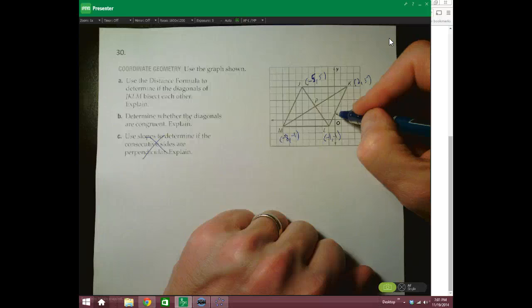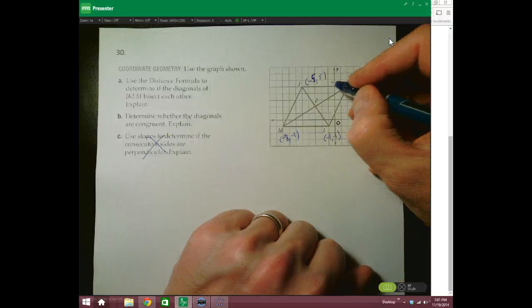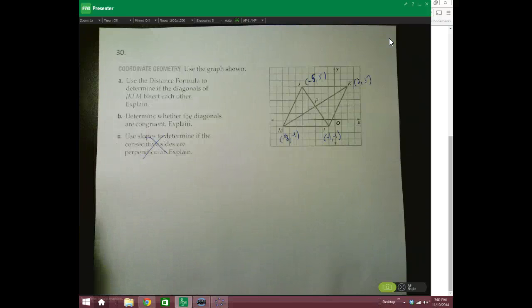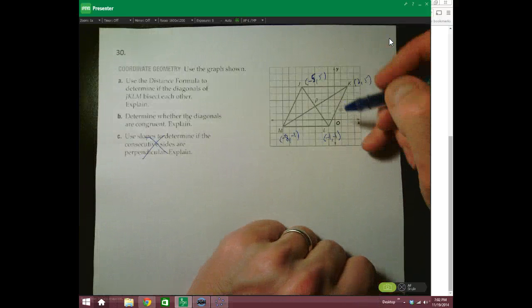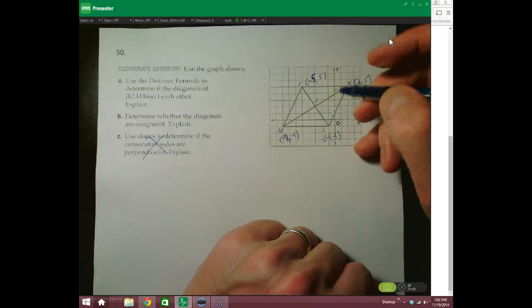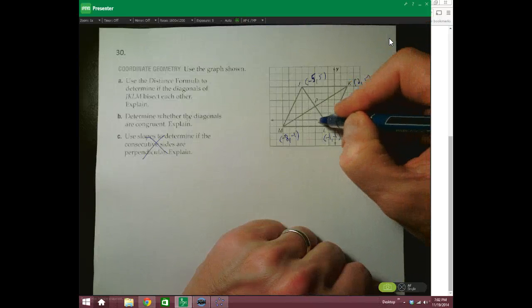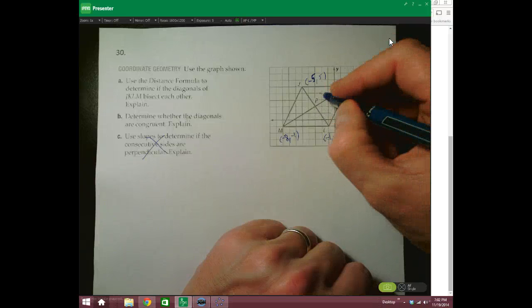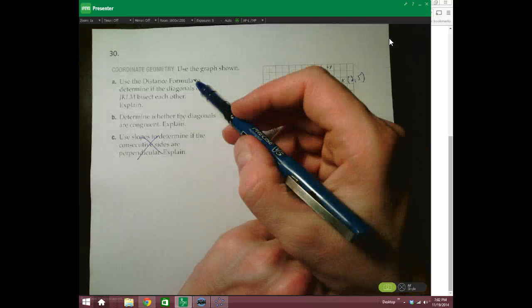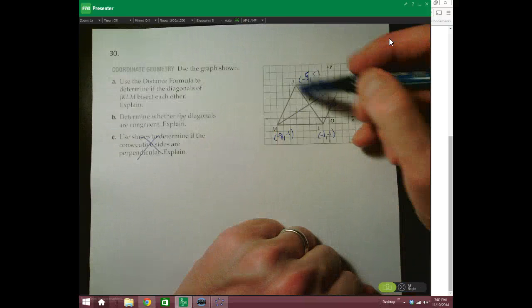Make sure it's up 5. Okay, good. So there are all my points, except the last point, which is the most important point for this, point P, because I basically have to figure out the distance for all of these to point P. So 1, 2, 3, 1, 2. So -3, 2.